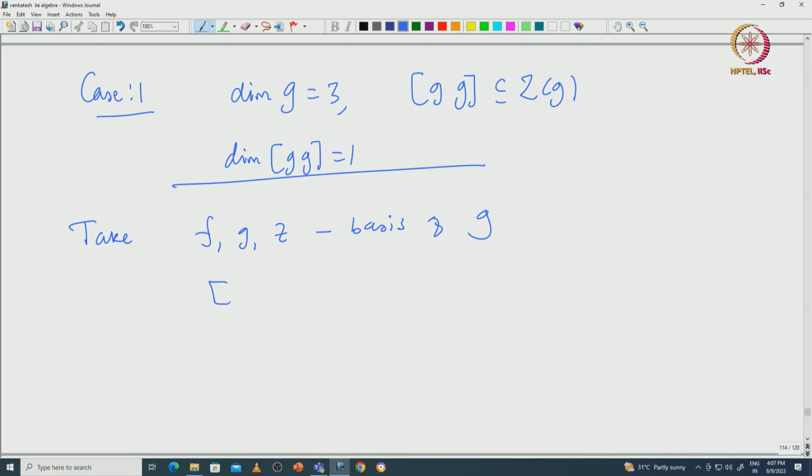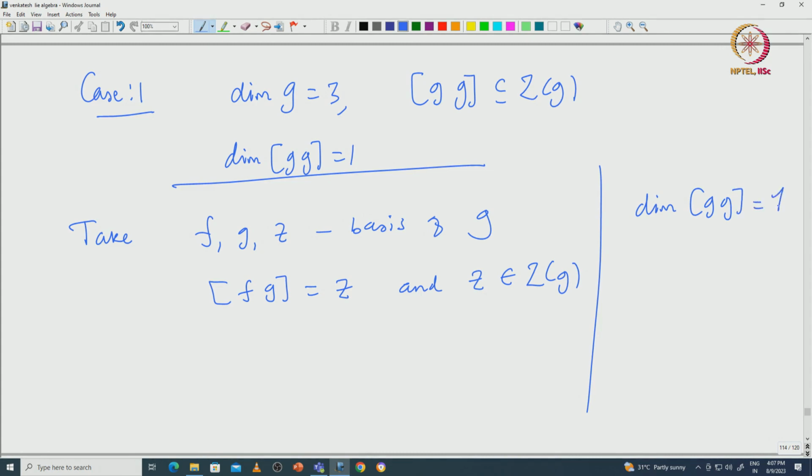So, then this bracket f g has to be equal to Z, and I can assume Z is also coming from the center. So, why can I do that? So, again from the previous argument, this is actually easy to see because the dimension of this derived algebra is 1.